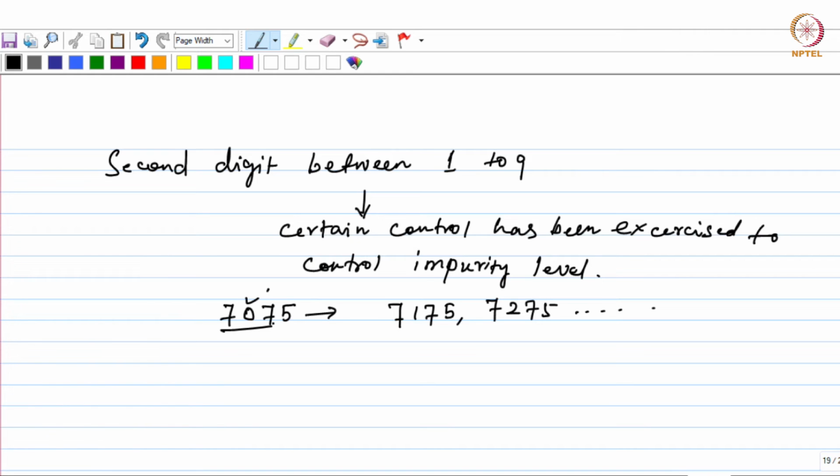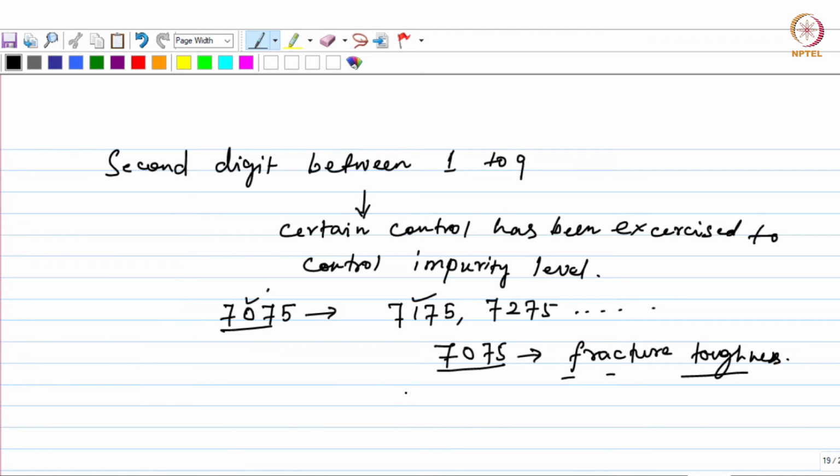So this 7075 was the original alloy, as I said. And when the fracture toughness comes into picture, with the impurity levels in this alloy, the required fracture toughness for many applications could not be achieved, and therefore the impurity levels had to be controlled to obtain the required fracture toughness, and therefore these other variations having the second digits from 1 to 9 came into being.